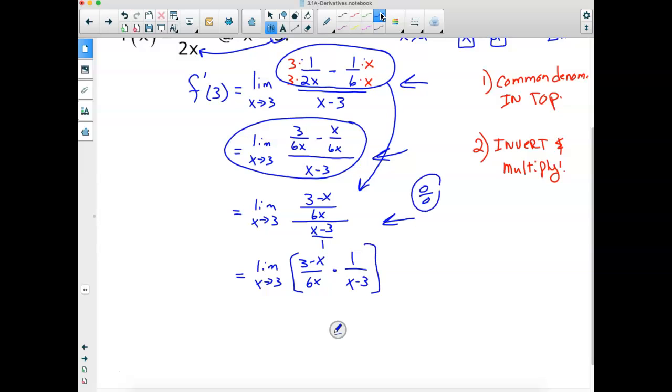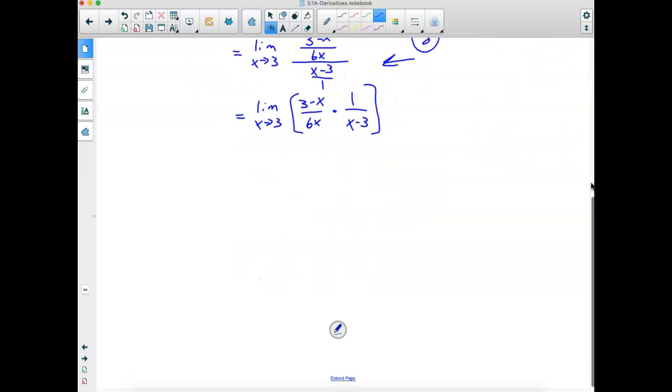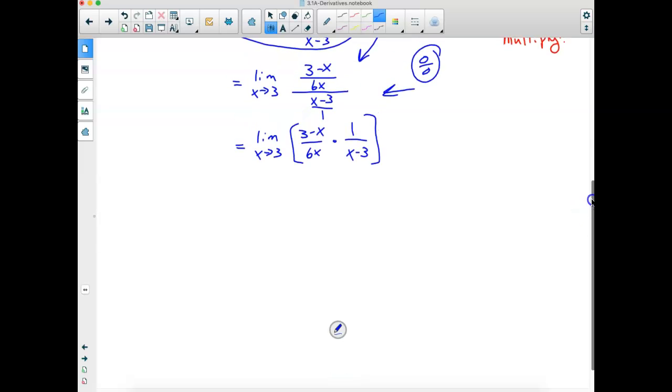Because we're getting a 0 over 0, we're trying to find that factor that's the same in the top and the bottom. And as I'm looking here, I'm going to write out another step so everybody sees it. I can see this 3 minus x and this x minus 3. They're really close to each other. So I'm going to say limit as x approaches 3, and I'm going to pull my old -1 trick.